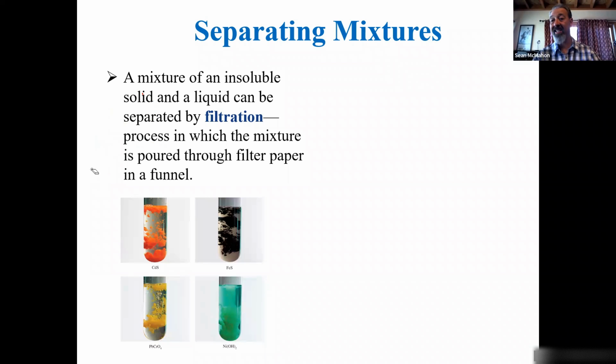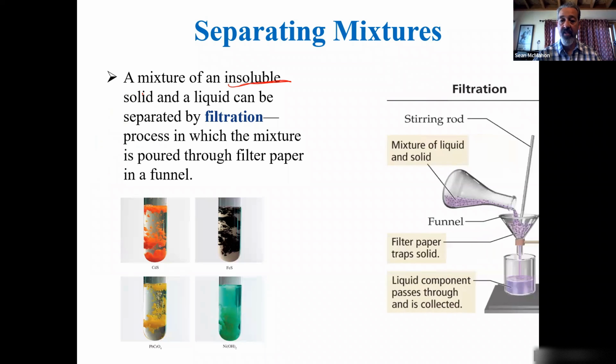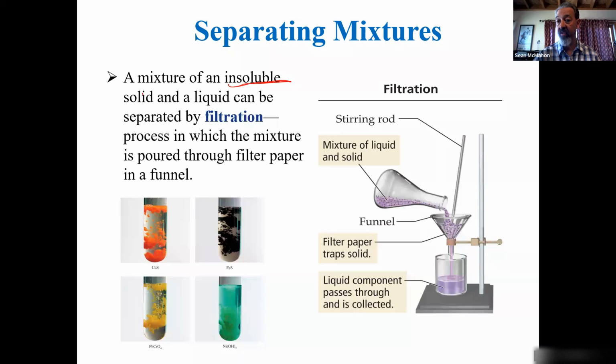Now, if you don't want to spin it or you don't have a centrifuge available, how could you separate this solid? The reason it's a solid is that it's not soluble. What that means is it doesn't mix, right? It has different properties. So this insoluble solid can be separated from the remainder of the liquid. How? What I said before, I could use filtration.